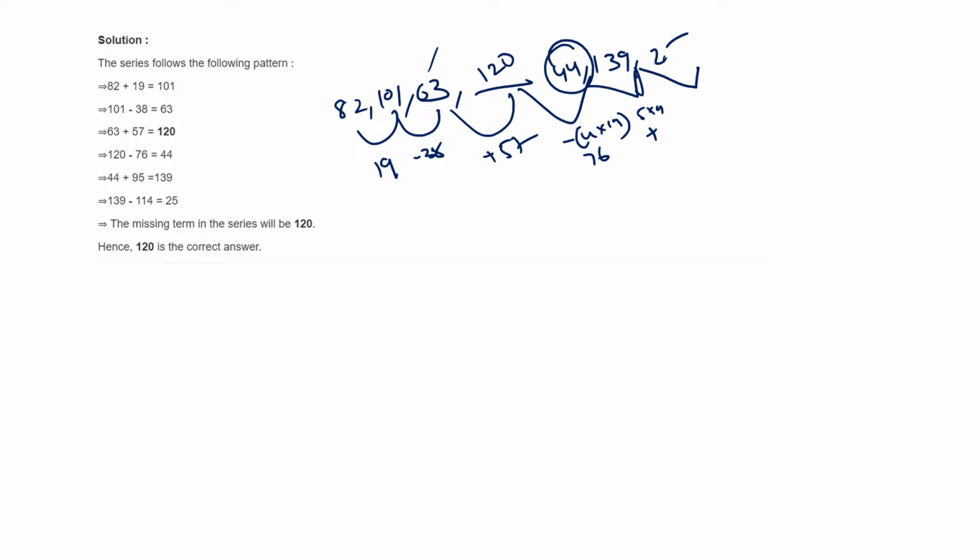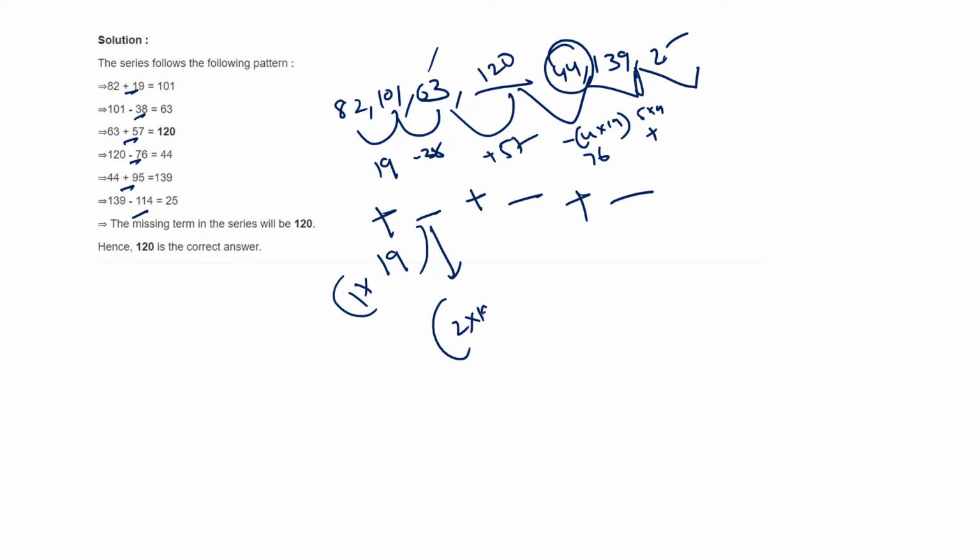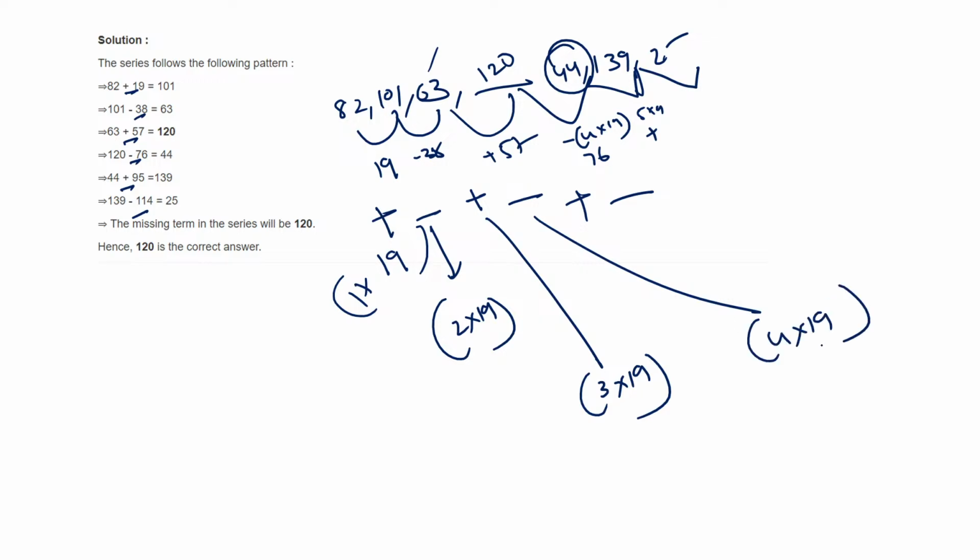See, first you have to add, then subtract, then add, then subtract, then add, then subtract. Plus, minus, plus, minus, plus, minus, alternately. First you add 19 to 82, and the next term you have to subtract. First plus 1 into 19, then subtract 2 into 19, then again add 3 into 19, then subtract 4 into 19, like that.